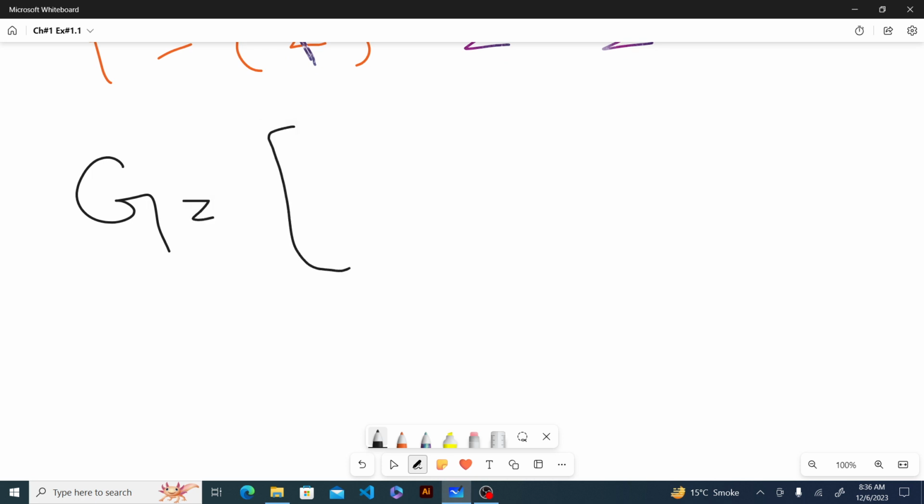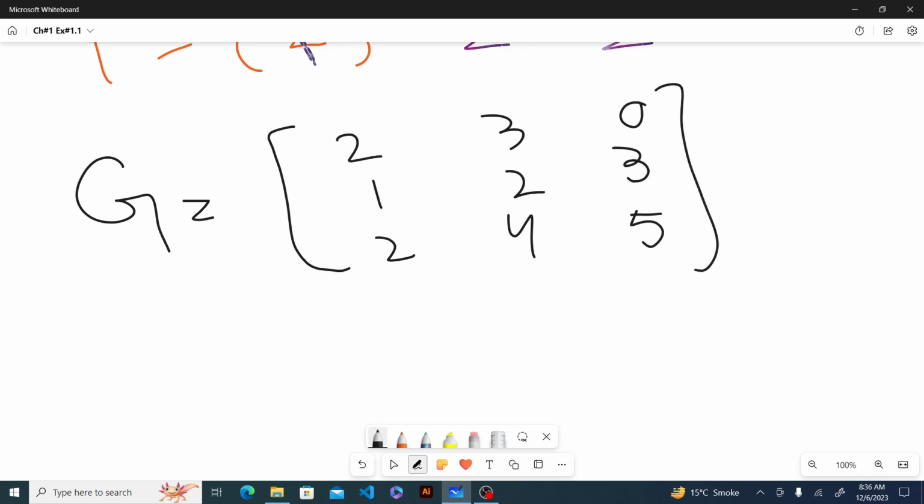Now part 7, which is G is equal to 2, 1, 2, 3, 2, 4, 0, 3, 5. So this is G. We will write its order.